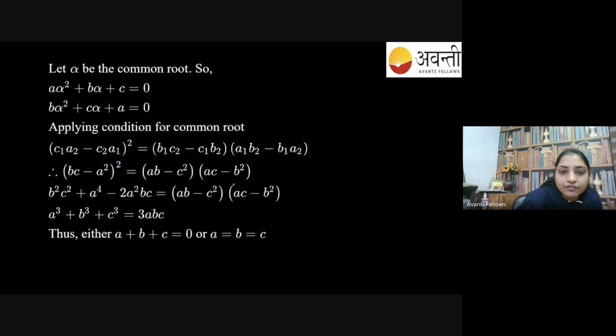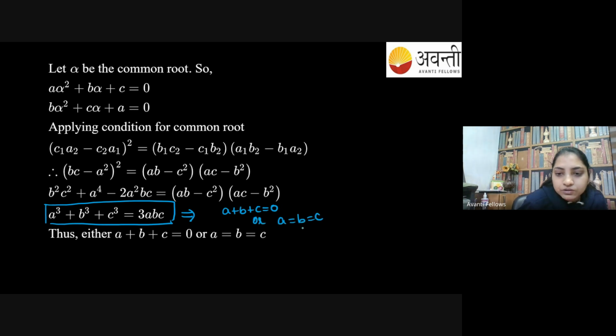So just have a look. When you solve it, you will find that A cube plus B cube plus C cube is equal to 3ABC. And you might remember that this formula will be applicable when either A plus B plus C is equal to 0, or A is equal to B is equal to C. How many of you agree? Any doubt, any confusion till there?